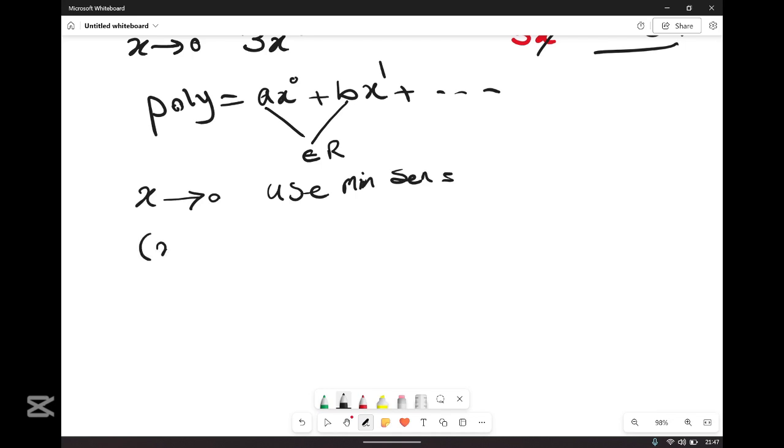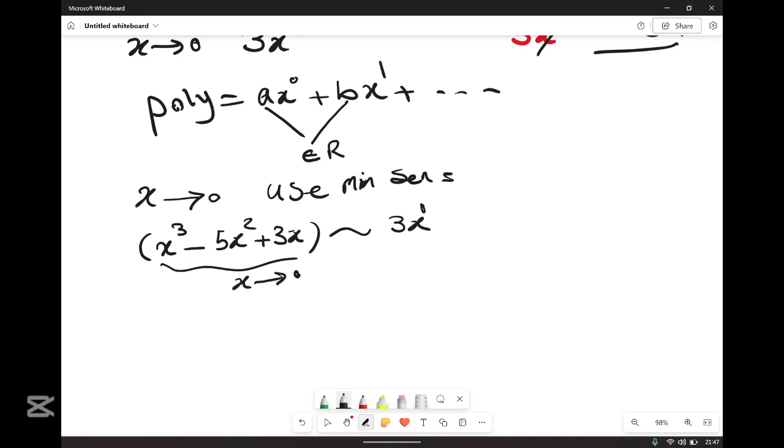For example, x power 3 minus 5x squared plus 3x is equivalent with 3x, because the minimum power is x power 1 in this polynomial.